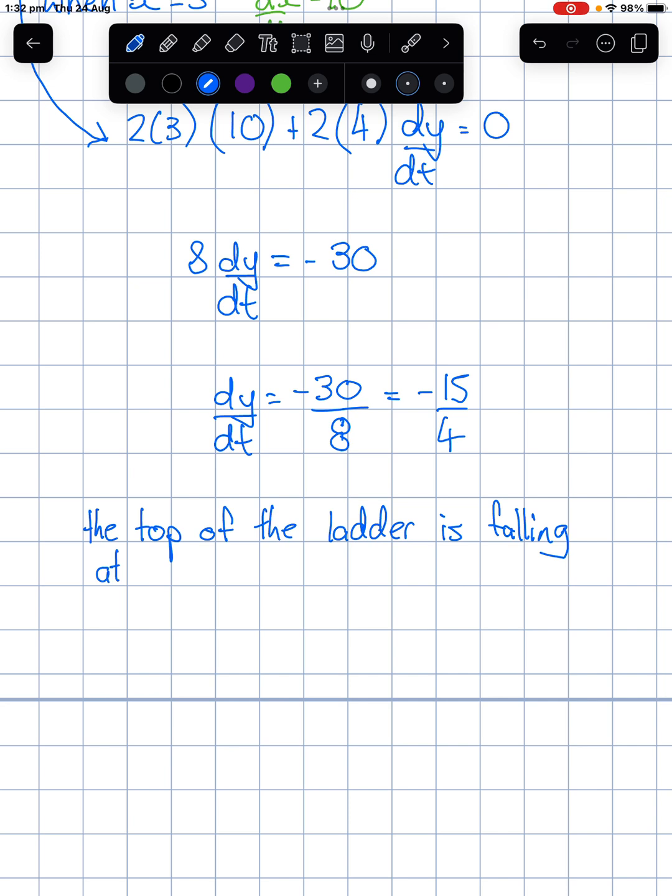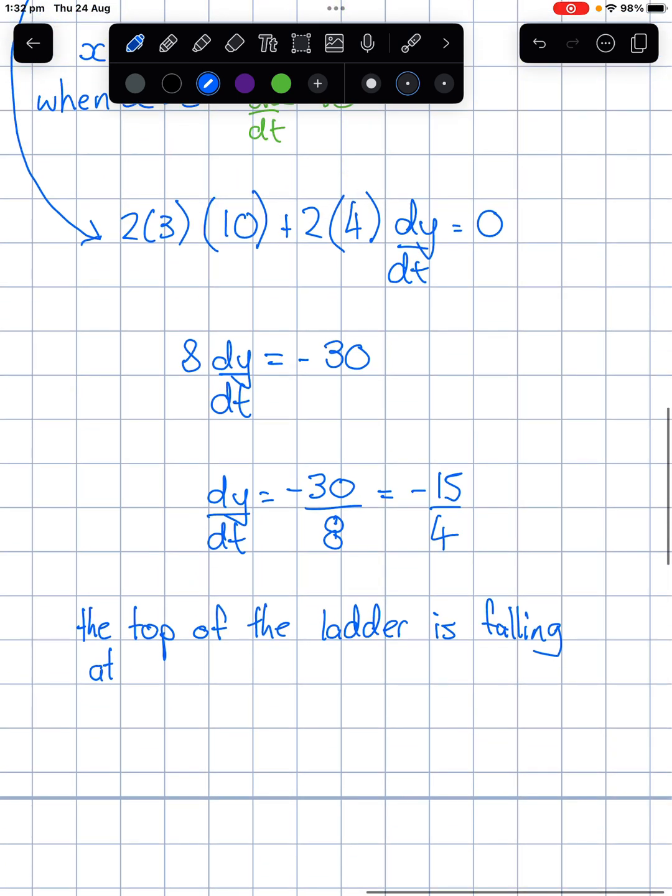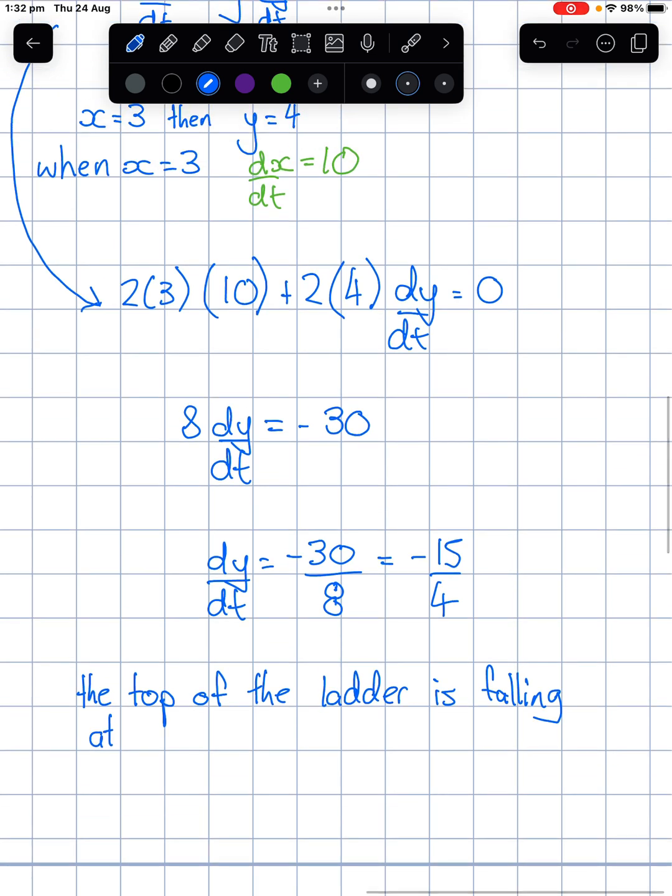Rates and differential equations. So 2 times 4. 30 on, why have they got 30 on 4?